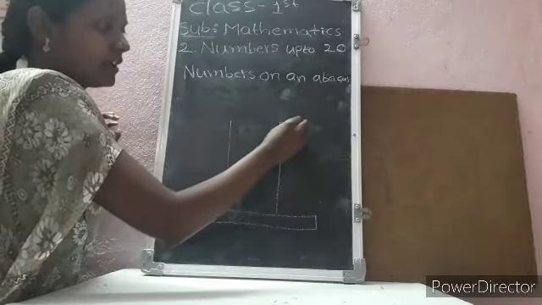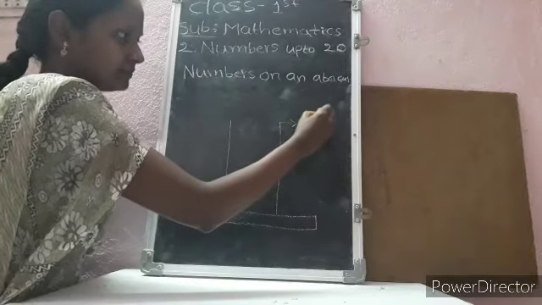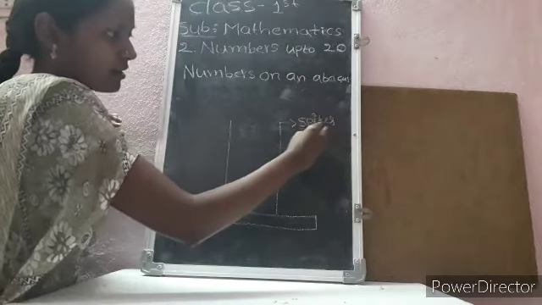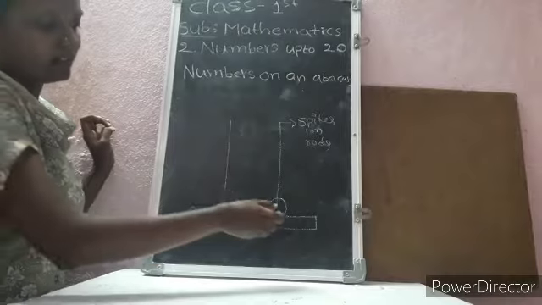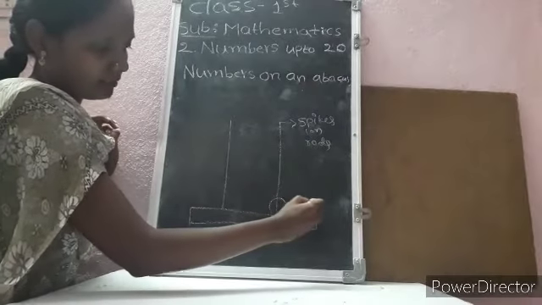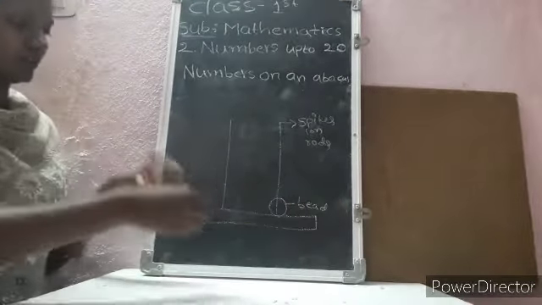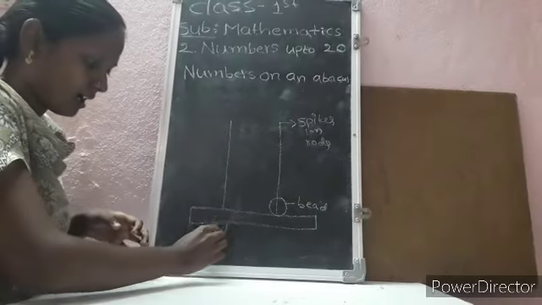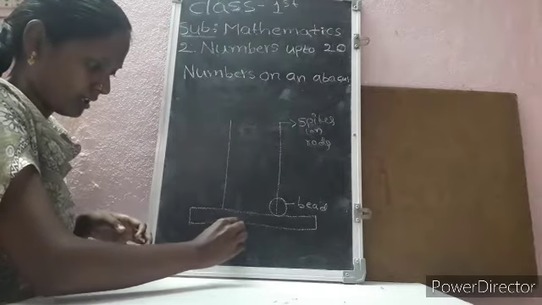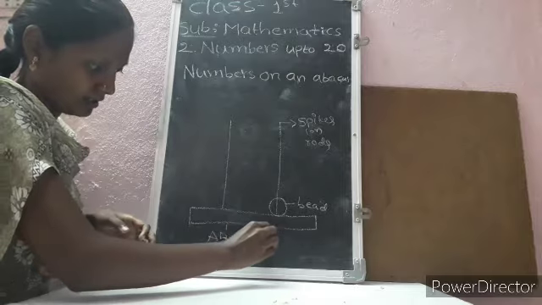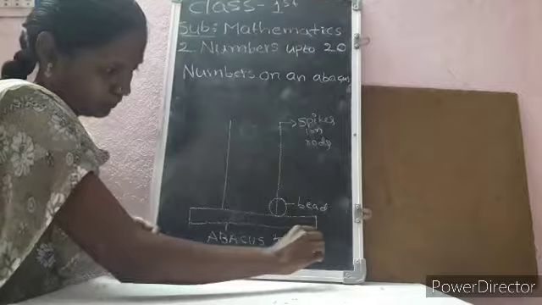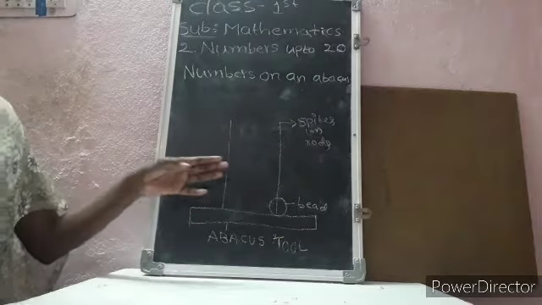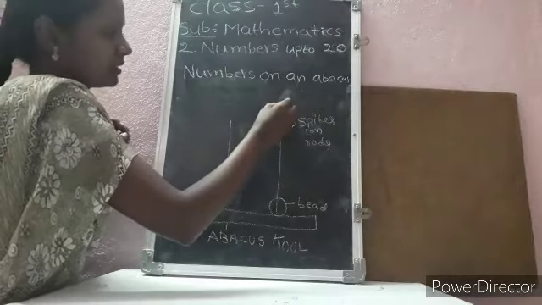Means these are called spikes or rods. And here I'm taking one circular bead. This is called bead. So this is called total abacus tool.